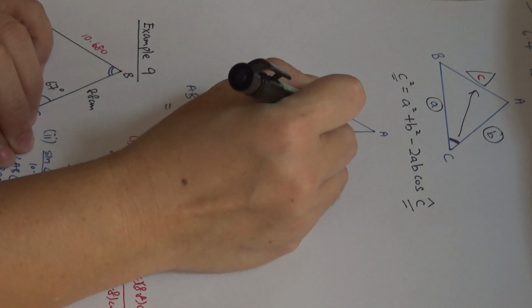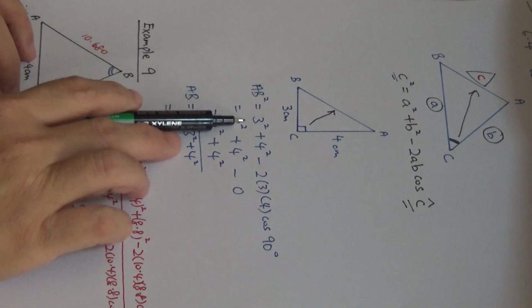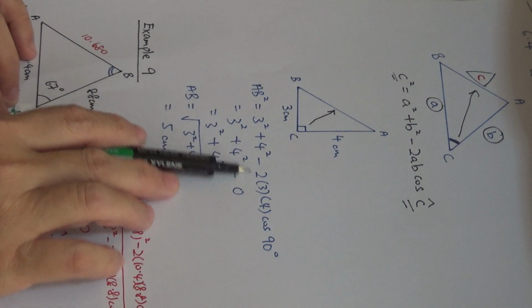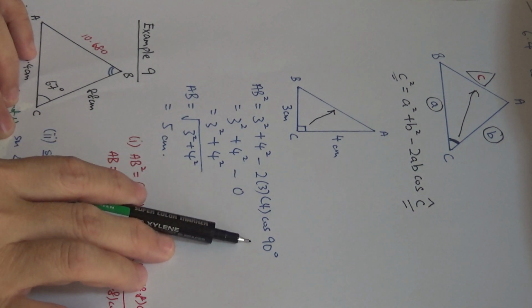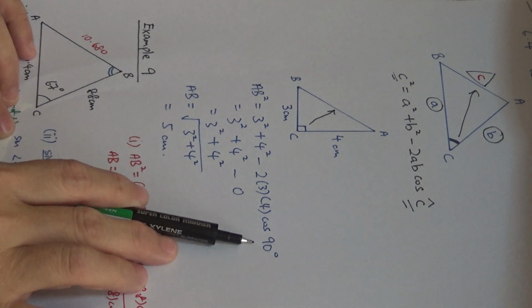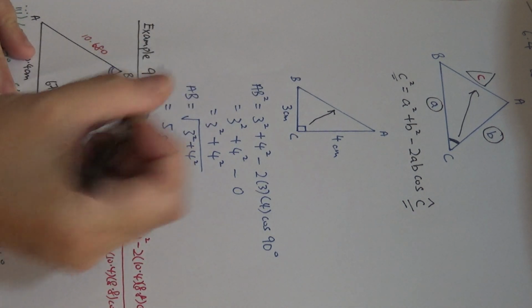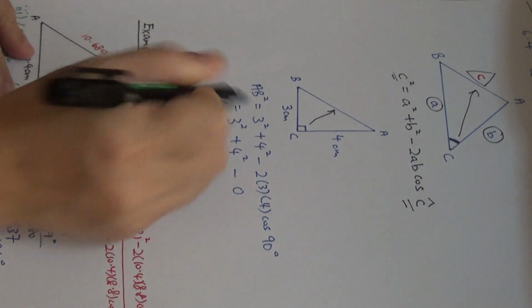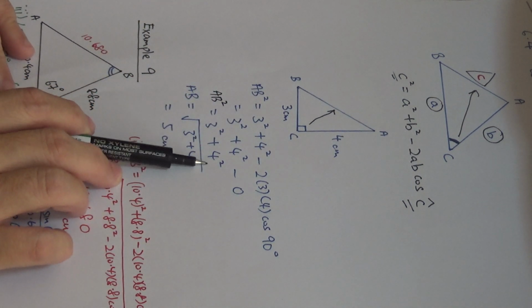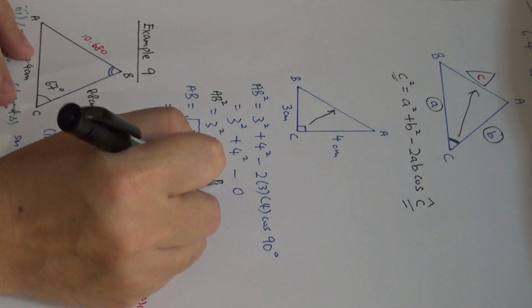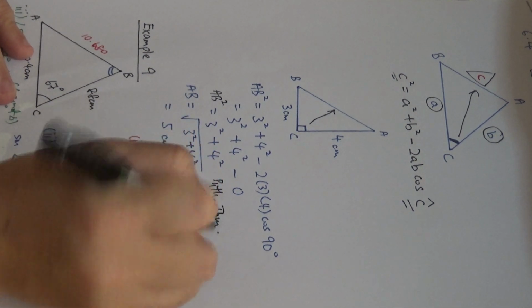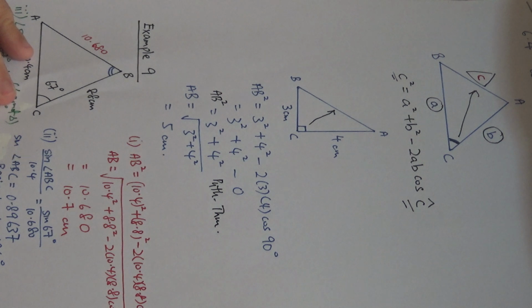This is the side opposite it, so AB squared is 3 squared plus 4 squared minus 2ab cosine C. Now, cosine 90 is actually 0. If you press the calculator, you will get 0. That means you will get AB squared is equal to 3 squared plus 4 squared. Realize that this is actually the Pythagoras theorem. So you will get the answer as 5 cm.